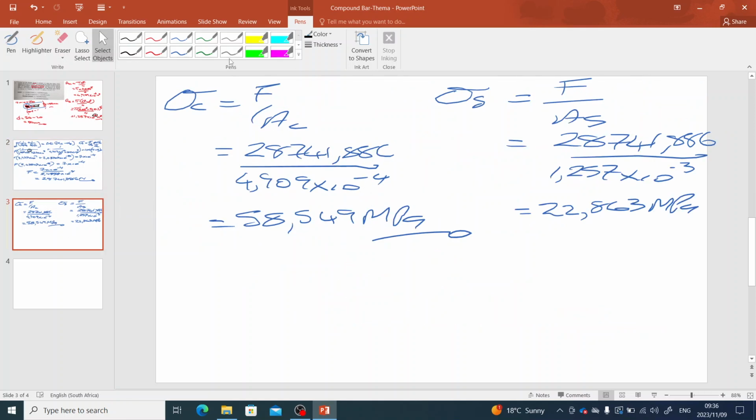This is the stress that I got. Now we have to determine the direction of these stresses. Let me give you the simplest understanding on determining the direction. If this is the tensile and this is the compressive, you have a hard material and a soft material.